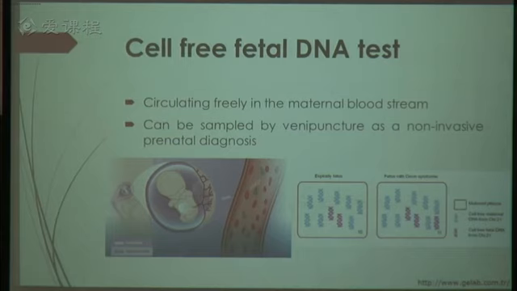This can be accessed by venipuncture, which is also a non-invasive diagnosis. And as you can see in this picture here, in the maternal bloodstream, there are two types of DNAs. The maternal DNA, or the DNA of the mom, is colored in green, and those white ones are from the fetus.